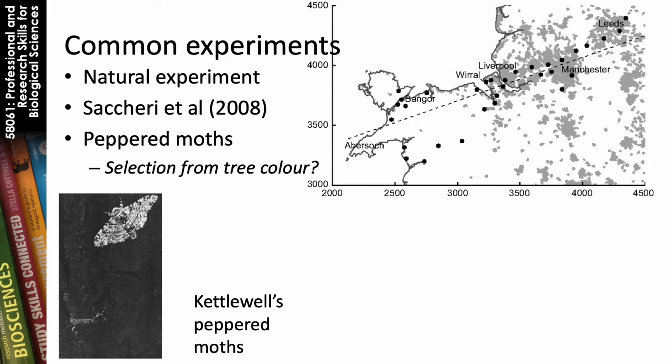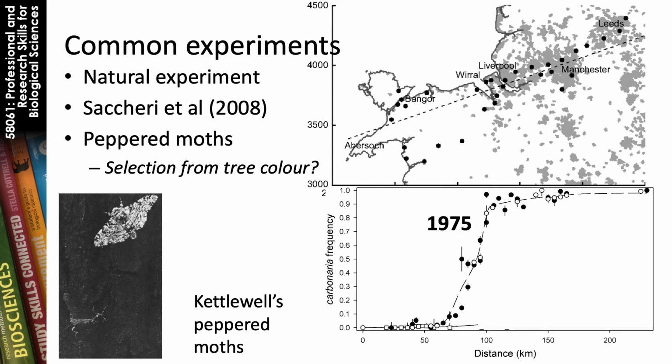And in subsequent years, in the 70s, you found that as you go from very rural Wales in the west, all the way across to industrial Liverpool and Manchester in the east, you get this cline, this increase in the frequency of the black form, corresponding to the frequency of sooty, blackened trees from all of the smoke that's being pumped out by the heavy industry.